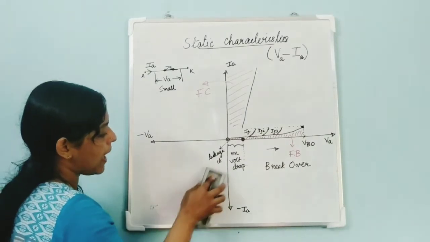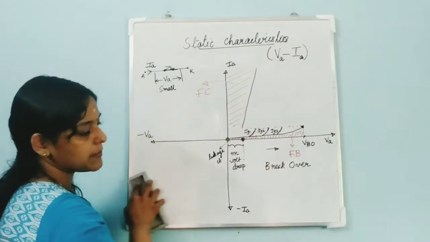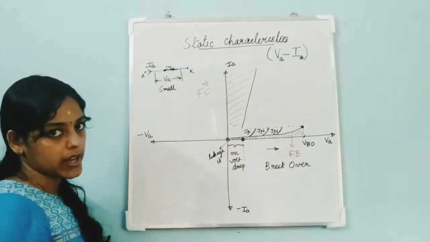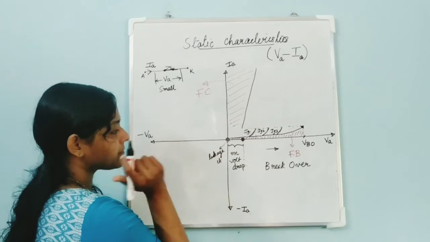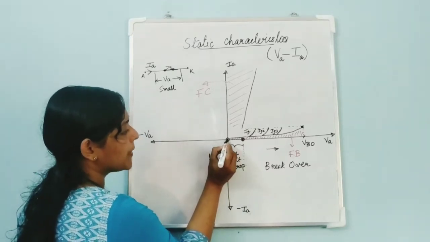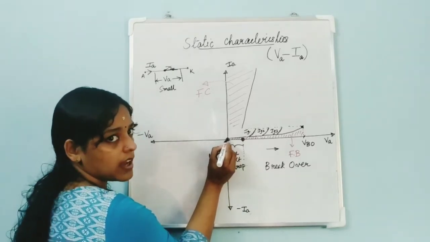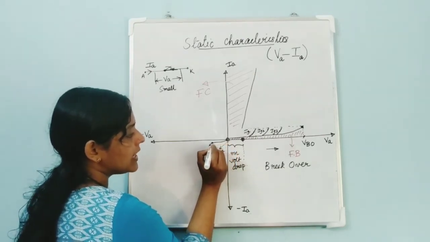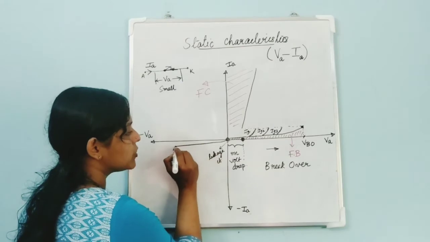Now let's see what will happen in the reverse. Reverse condition is quite easy because you already know the VI characteristic of a diode. So here in the reverse condition, when you are applying 0 voltage, the current is also 0. When you are applying reverse voltage, the leakage current increases gradually, right?